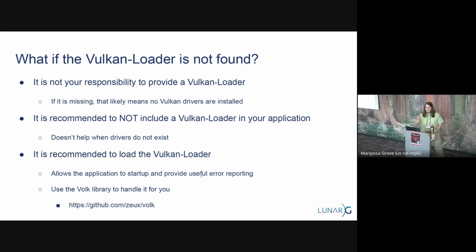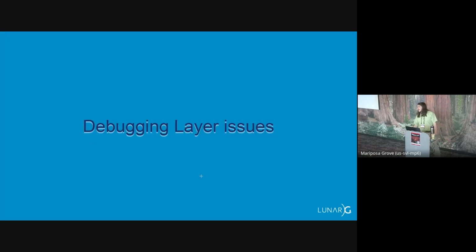Because when you double click an application and nothing happens, that's all the output you get by default. If you're needing to load functions and load the loader, I recommend the Vulkan library if you're using the C headers. If you're using the C++ headers, it's built into the headers, and you look at the documentation on how to use it. Okay, now we can talk about debugging layers.